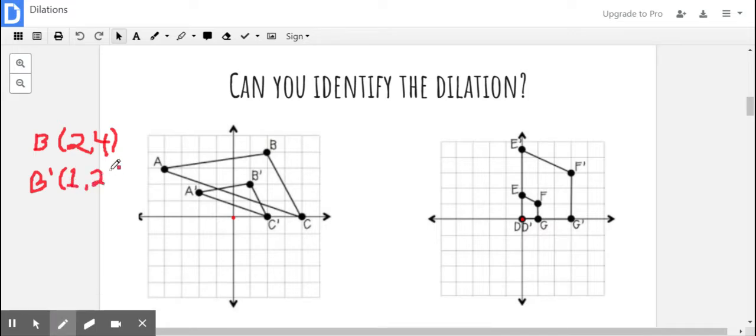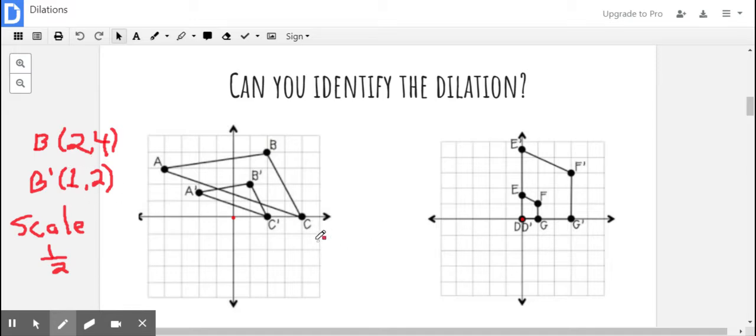If we are going from the origin and we ended up at B, we can assume that the relationship from the origin to A prime and C to C prime is going to be the same. So what happened here is we divided these points by half. Our scale factor, which we'll define on our next slide, is 1/2. We multiply the points of our original by half, and we end up with the points of our new image.